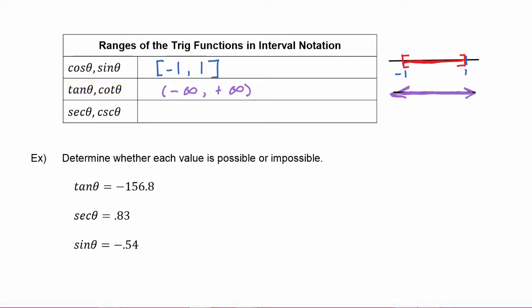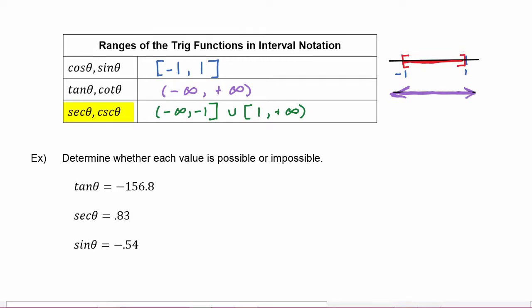And for secant and cosecant, remember we had to write their range in two pieces, from negative infinity to -1, union +1 to positive infinity.